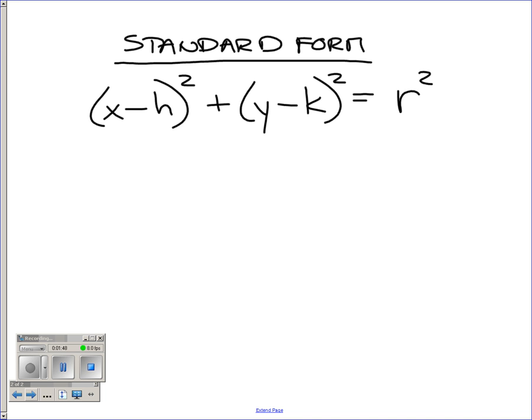This looks very much like the distance formula. In fact, if you were to take the square root of both sides, you would see that the radius r is just the distance formula between these two.